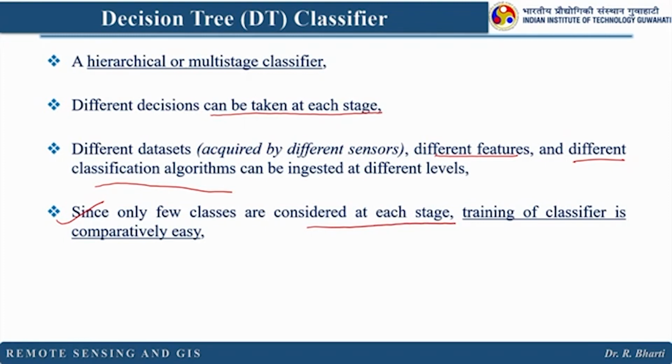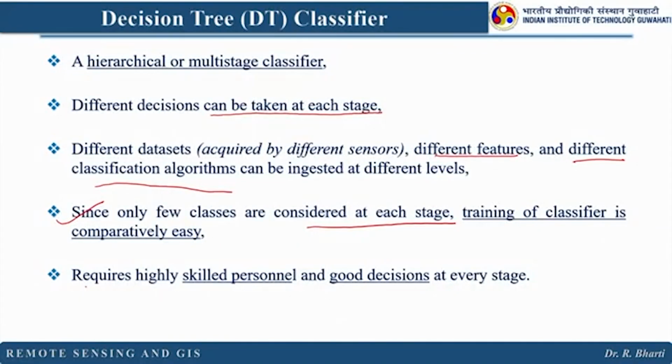So, this is how we are going to apply the classification technique, or we want to identify a particular class type using this decision tree classification, where you have all the flexibility to use unsupervised, supervised classification at different levels, right.